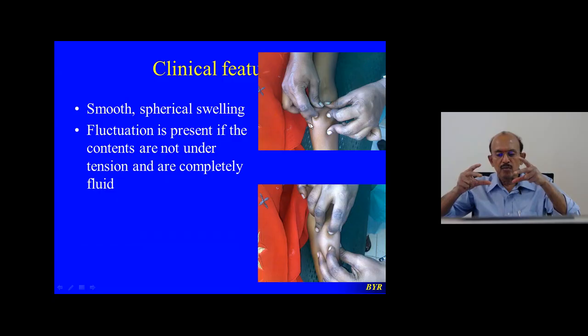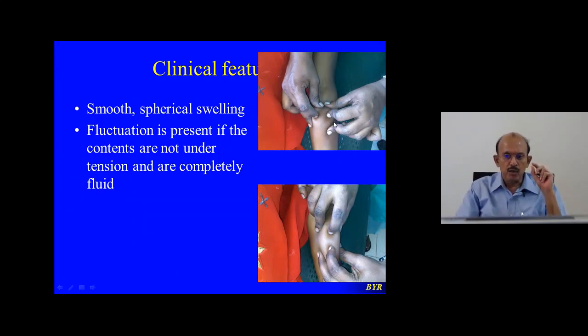Then with the index finger, you press on one side and appreciate the movement of the fluid inside with the other finger. First you do it in one direction, then in the other direction. In both directions, the fluctuation must be positive. Then only you say it is true fluctuation.